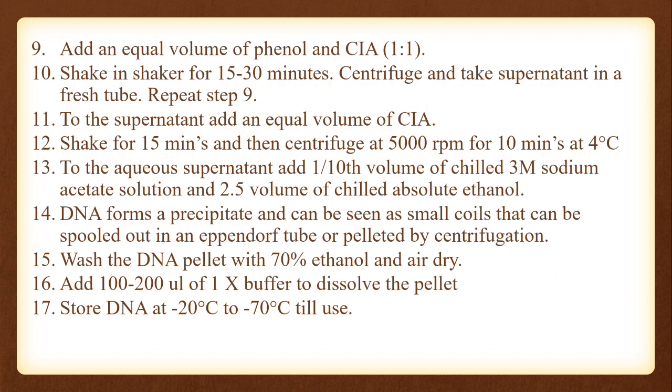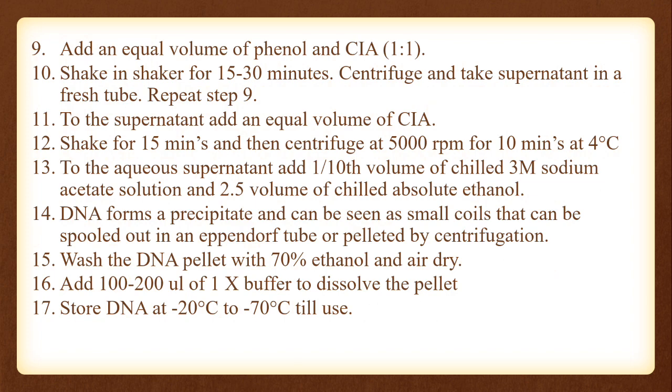So to the aqueous supernatant add 1/10 volume of chilled 3 molar sodium acetate solution and 2.5 volumes of chilled absolute ethanol. DNA forms a precipitate and can be seen as small coils that can be spooled out into an Eppendorf tube or pelleted by centrifugation.